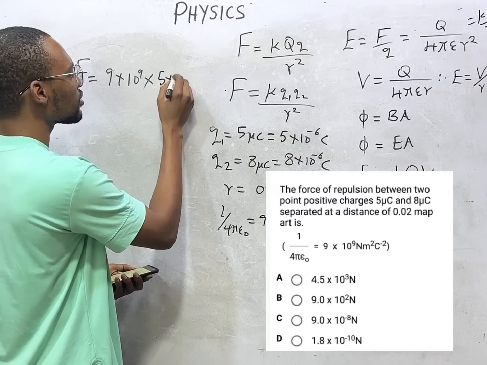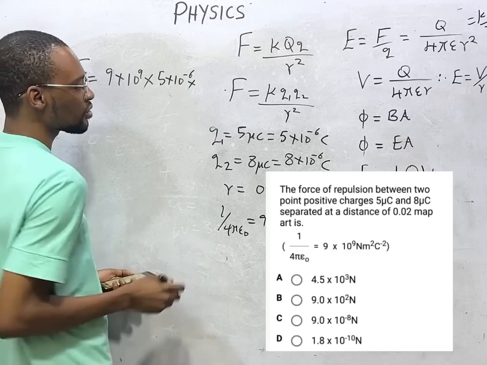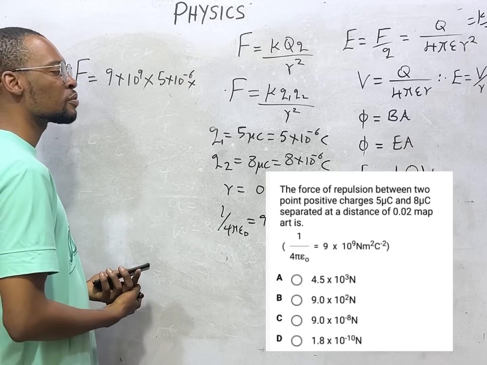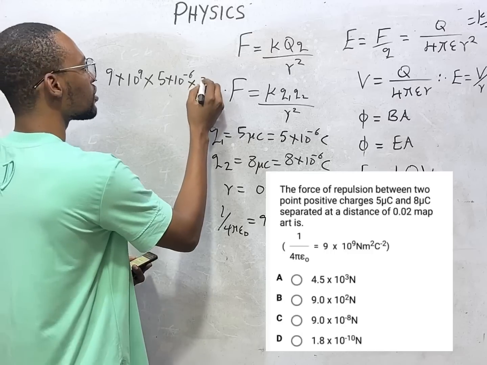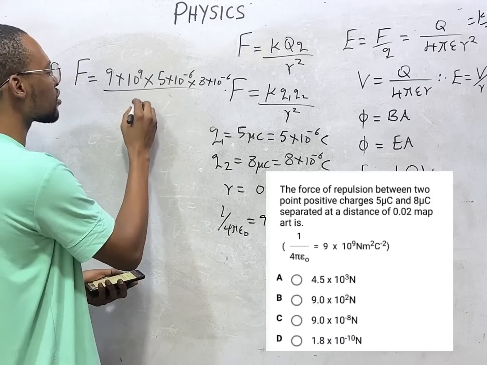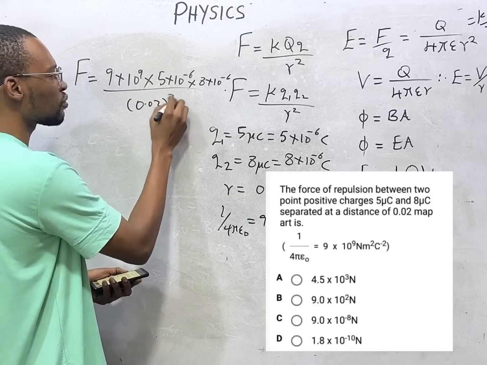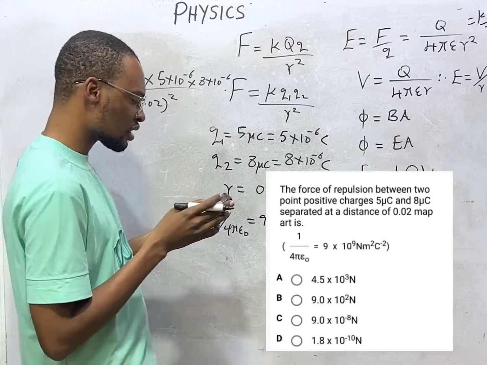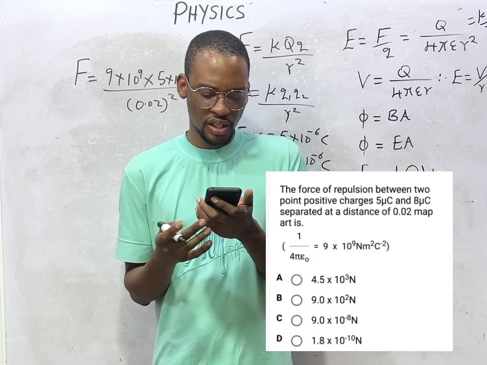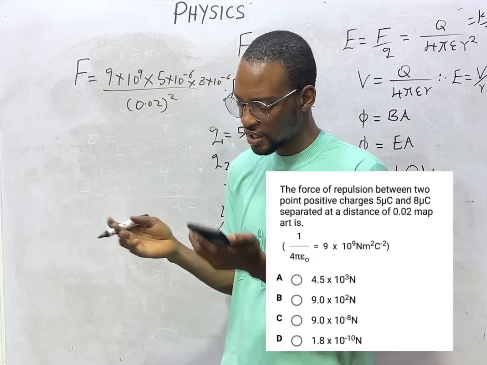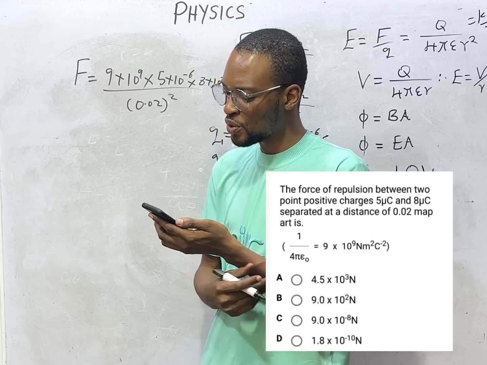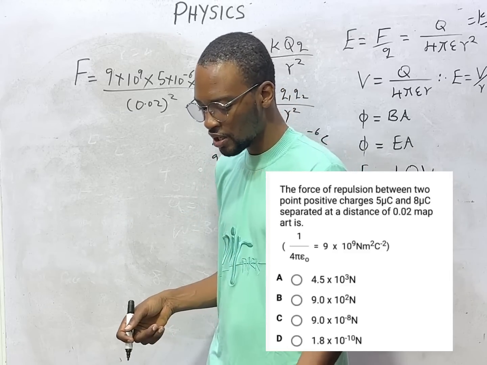So 5 times 10 to the power of minus 6 times, we have the second one 8 microcoulomb, 8 times 10 to the power of minus 6 coulomb over the distance of separation squared. That is it. And I think you are going to get 9 times 10 to the power of 2 Newton. It is always as simple as that and as easy as that. So 9 times 10 to the power of 2 Newton is the same thing as 900 Newton.